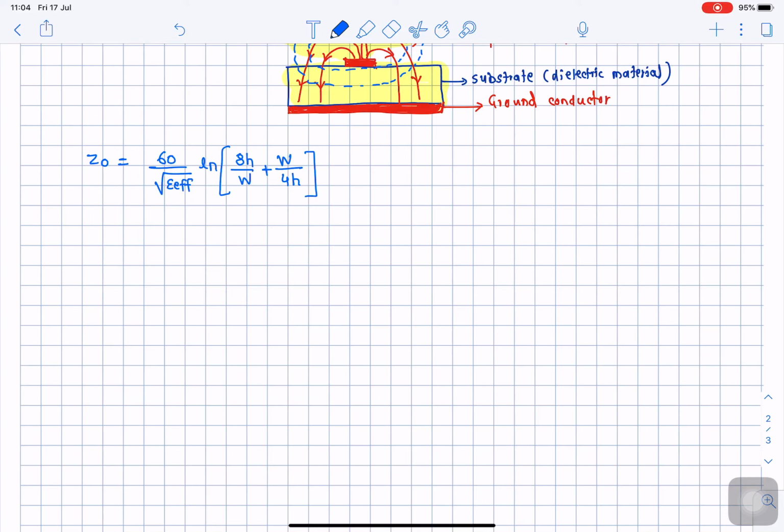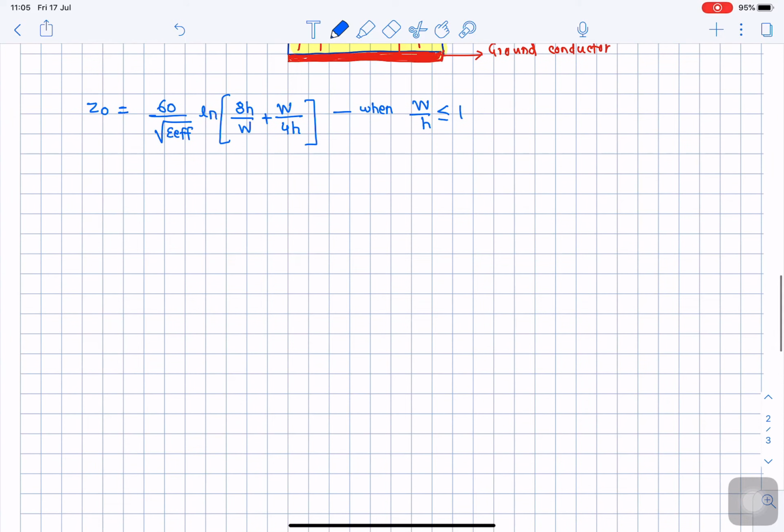We are going to use this equation for calculating the characteristic impedance when the width to height ratio is less than or equal to 1.